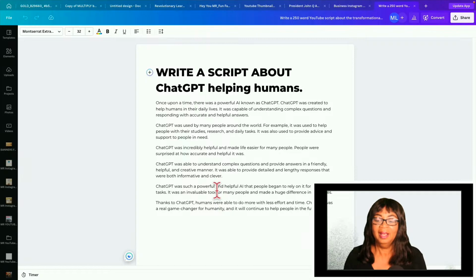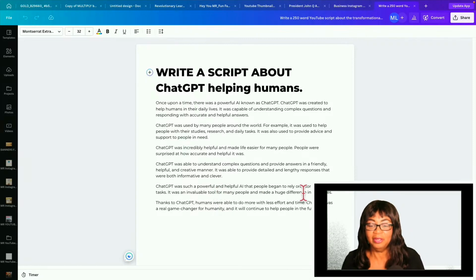It's a tool, even in medicine, for many people, and made a huge difference in their lives, apparently, right? Thanks to ChatGPT. Let us praise the automated intelligent beings. Humans were able to do more with less effort and time.